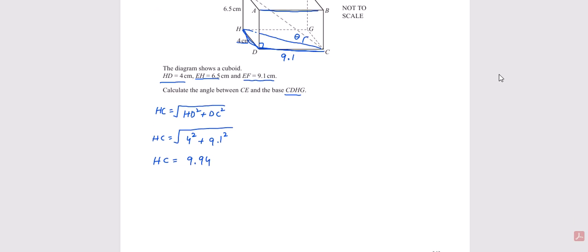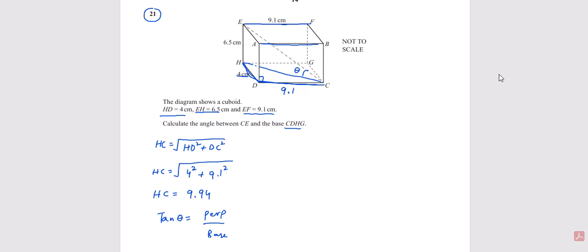So to find this angle, use tan theta is equal to perpendicular over base. We draw this triangle here, like this.